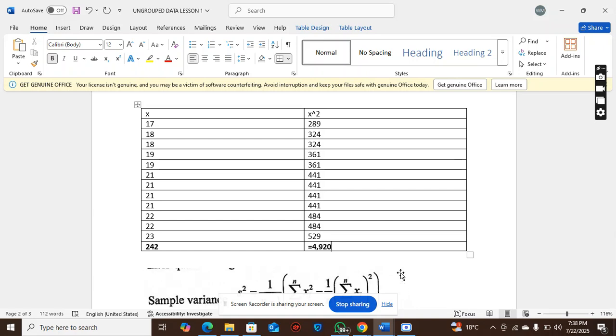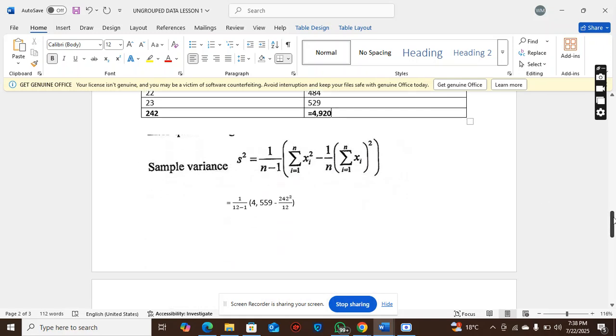Yes, I'm getting 4920. I'm getting 4920.